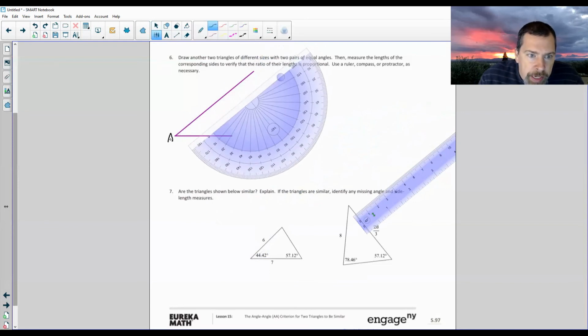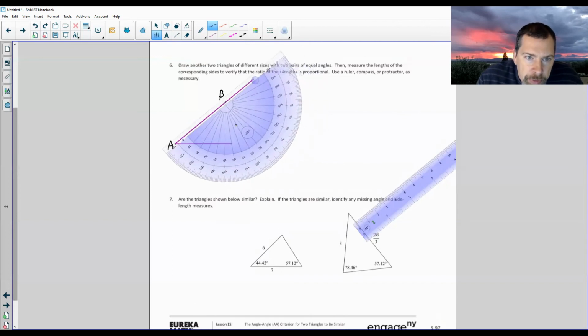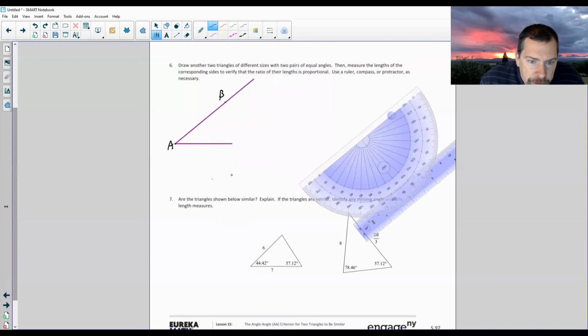Let's call this A right here. And how about B right here? And then I will put my protractor right there on B. And then I'll put a dot down here for 40 degrees, just to the left of that little mark I put there.